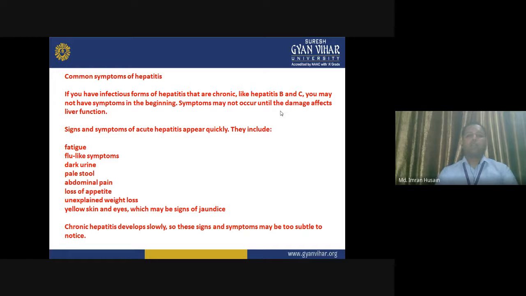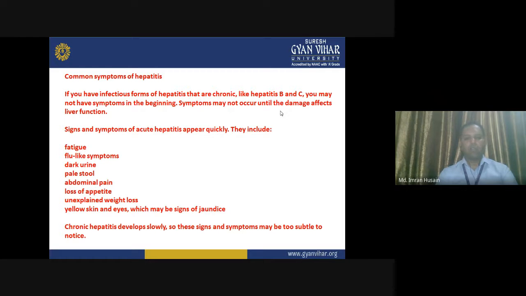Signs and symptoms of acute hepatitis appear quickly, and they include the following things, like fatigue. The individual is always feeling tired. They don't have a lot of energy. Flu-like symptoms. They always have a cold, and the urine is dark in color.